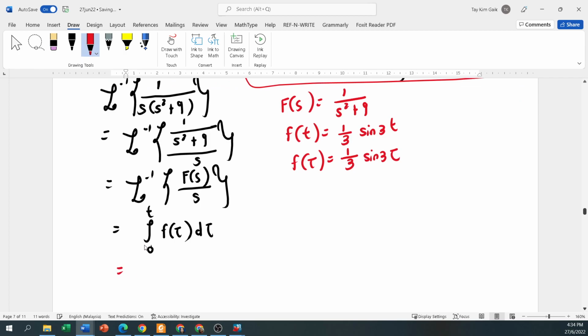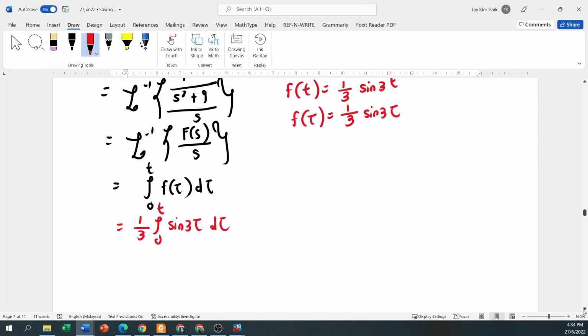So f(tau) d tau gives 1/3 times the integral from 0 to t of sin 3 tau d tau. Integrating sin, you have cos 3 tau divided by negative 3, from 0 to t.